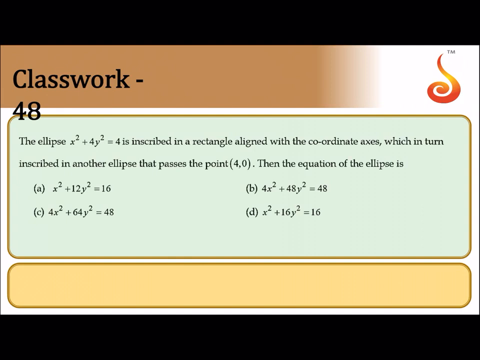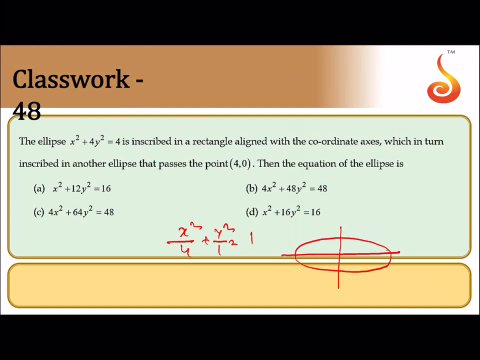48. The ellipse x square plus 4y square is equal to 4 is inscribed in a rectangle aligned with the coordinate axis, which in turn is inscribed in another ellipse that passes through (4, 0). So the ellipse is x square upon 4 plus y square upon 1 is equal to 1.